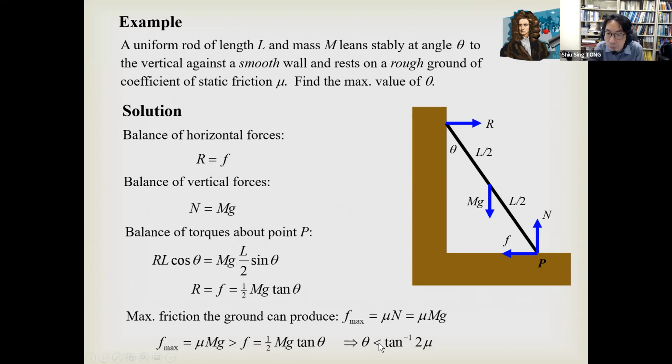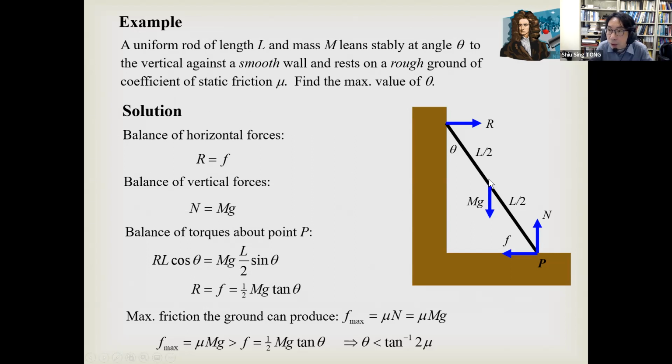That means theta must be smaller than arctangent of 2 mu. You move the 2 to the other side and take arctangent on both sides, and you obtain this equation. So that means the angle cannot be too large. It must be smaller than arctangent of 2 times the coefficient of static friction. So we have solved this problem.